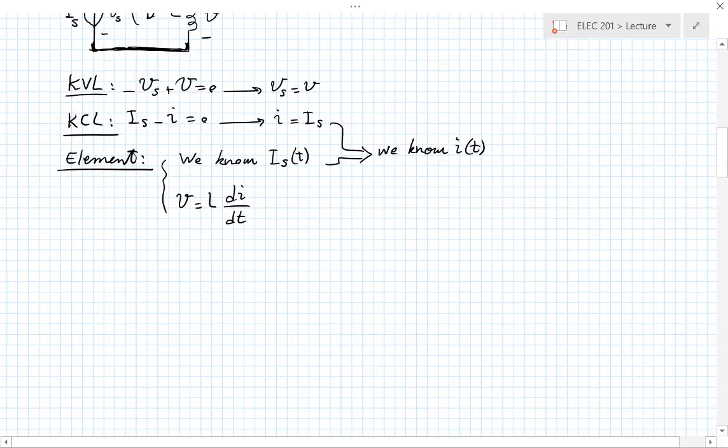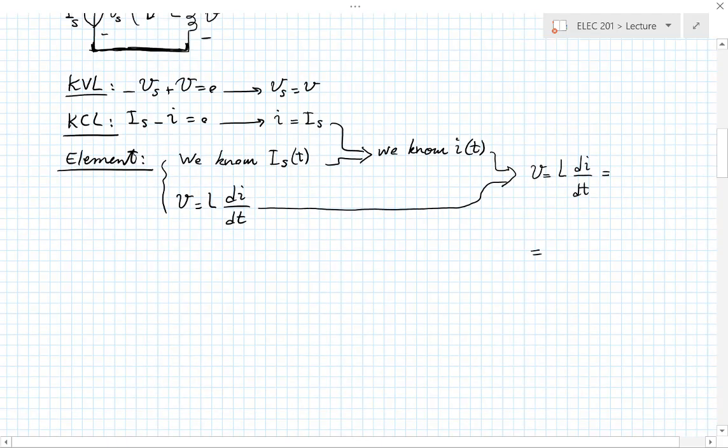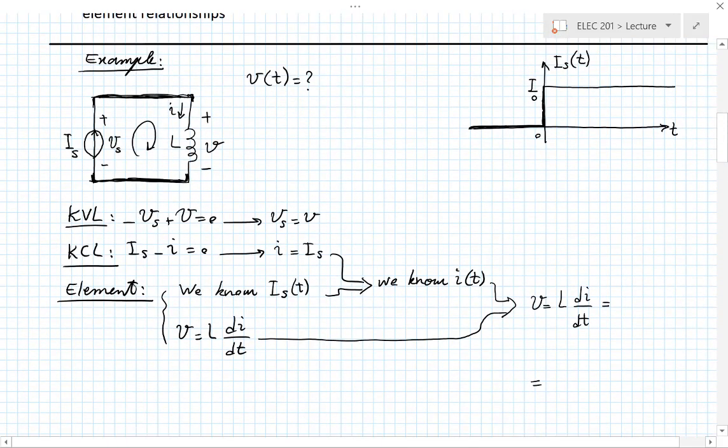So all I have to do is to take the derivative of that function that has been drawn up there. Okay?